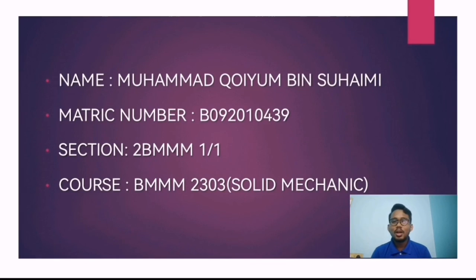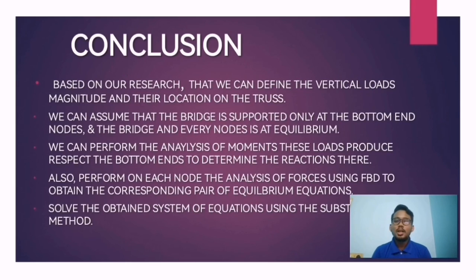So today I would like to give a conclusion. From our assignment, we get to know the vertical loads, their magnitude and their location on the truss. Furthermore, the bridge is supported only at the bottom end nodes, and every node of the bridge is in equilibrium.